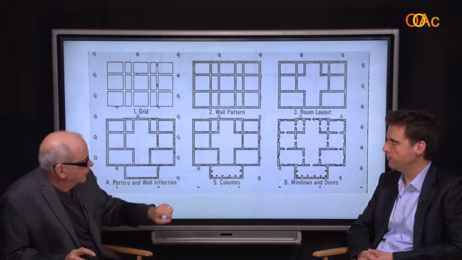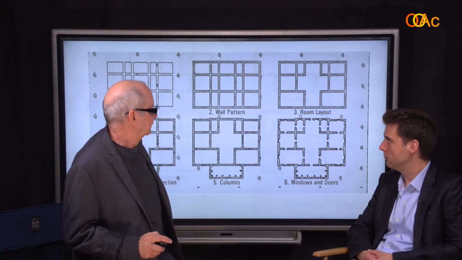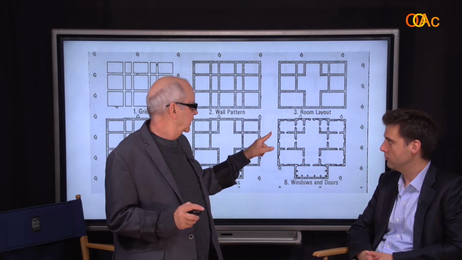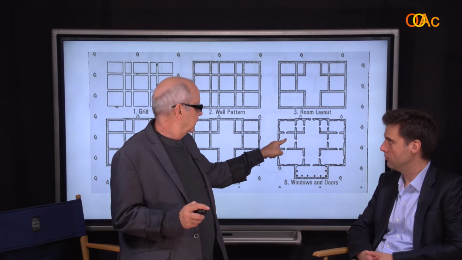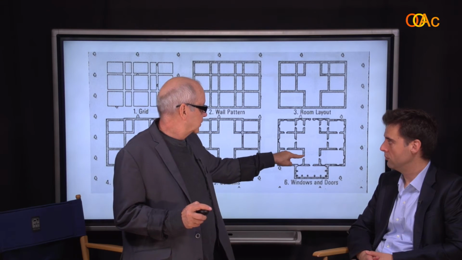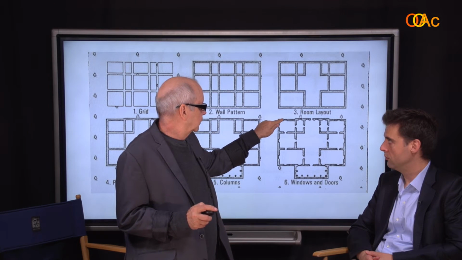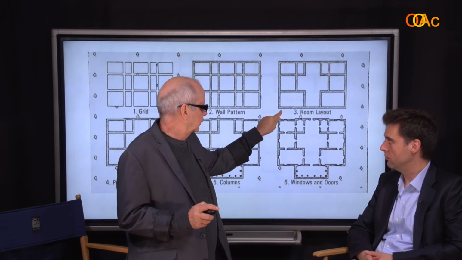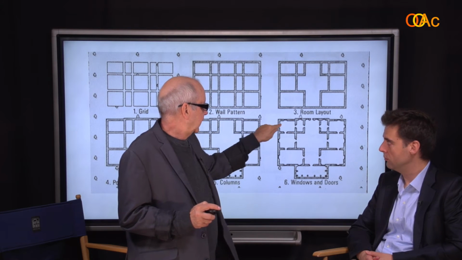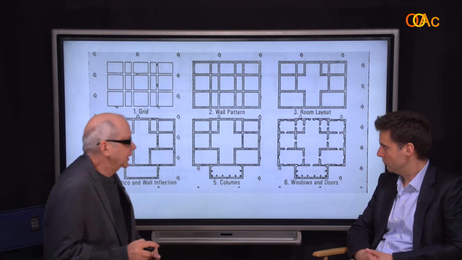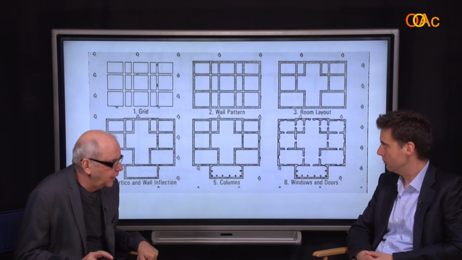And then we have our columns, and then very interestingly, doors and windows. They're at either the third point or the center point of a room, and if there's a window or door on one side, there's a window or door opposite. In every case, that's the rule. So you follow these rules and you get a very calming building.